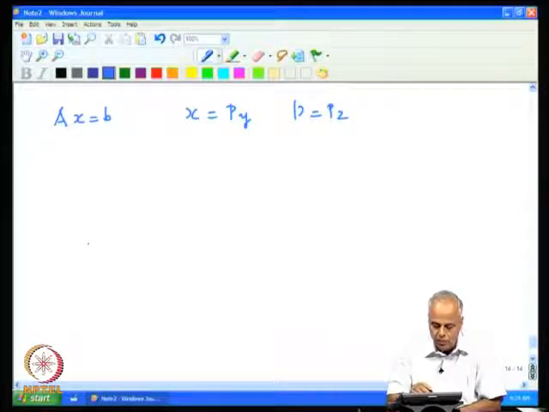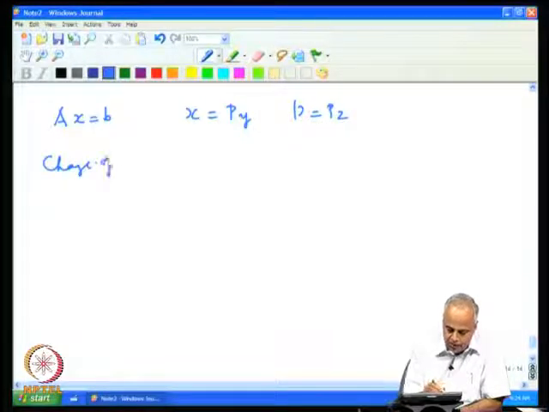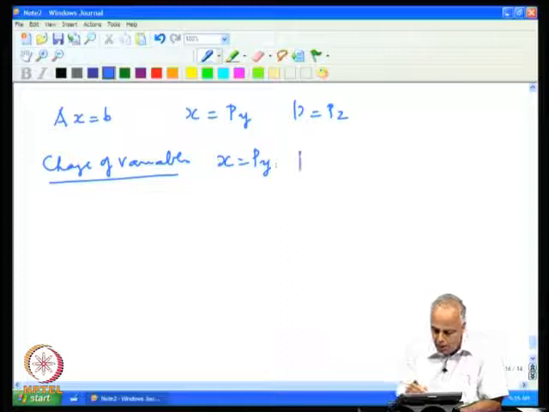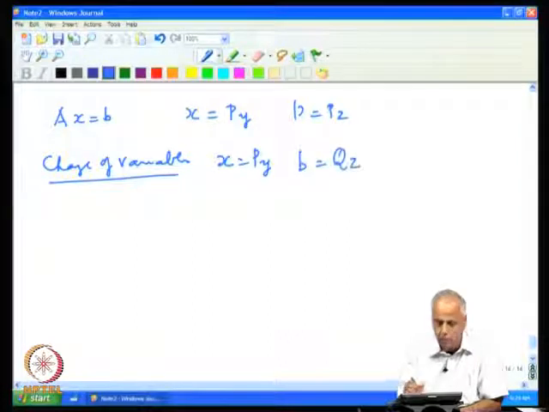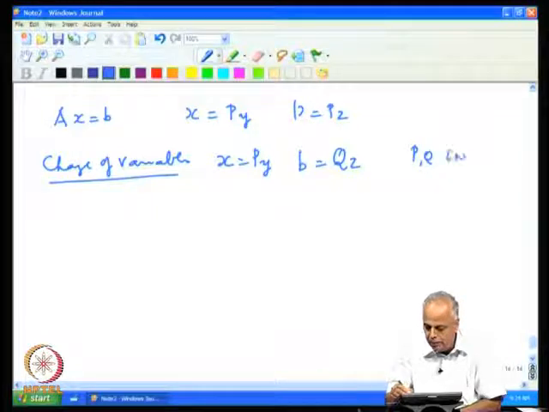Here we have used the same matrix P to transform x as well as b. Now, suppose we use a change of variables x equal to Py and b equal to Qz, where P, Q are invertible matrices.